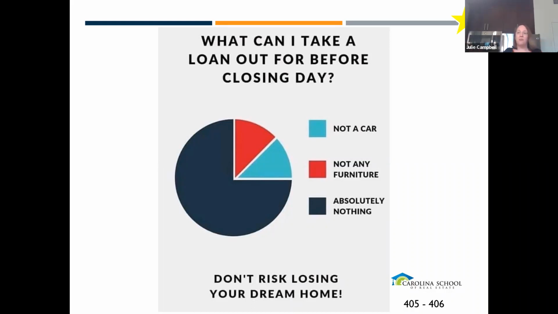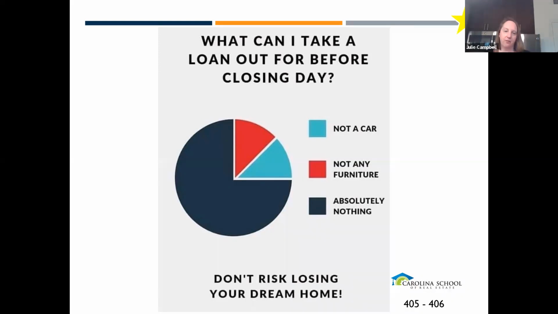And then they don't get loan approval. I know they're excited. I get it. Your buyers are excited and they want to start furnishing their home and they want to buy a brand new car for the garage. But this is probably one of the big things that we can do to help the lender, is to make sure that our buyer understands this.